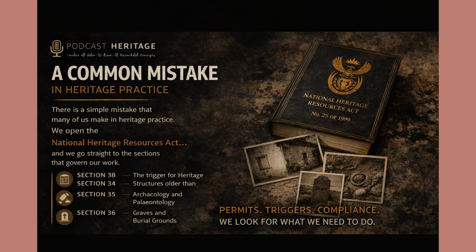There's a simple mistake that many of us make in heritage practice. We open the National Heritage Resources Act and we go straight to the sections that govern our work.